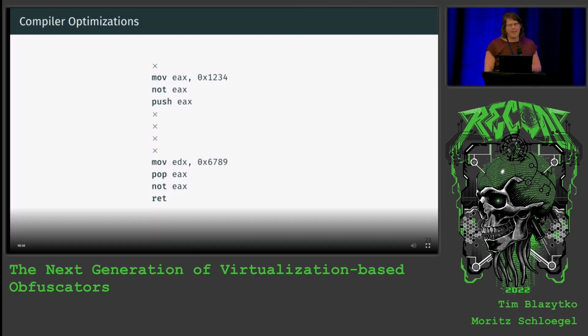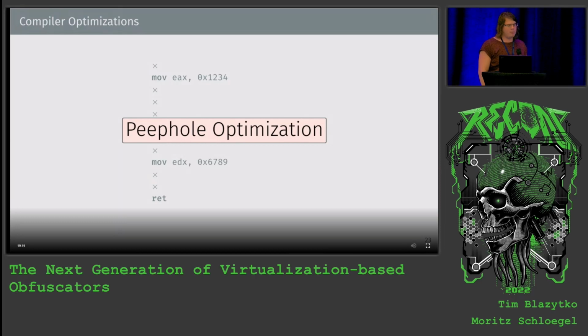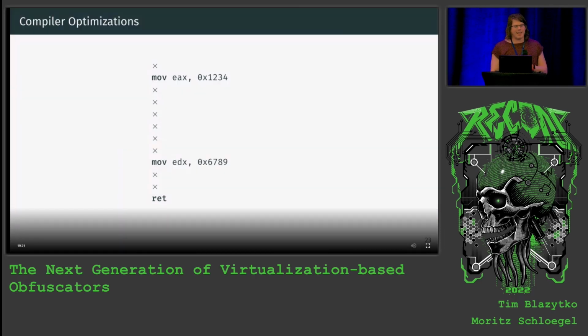So once we cleaned this up a bit, we have some instructions left. The push and pop EAX are not required anymore since we don't modify EAX anywhere. Same for NOT EAX, this doesn't do anything, we can just delete it. So, we come up with that. Those optimizations are called peephole optimization, and in the end, we got a cleaned up instruction sequence.